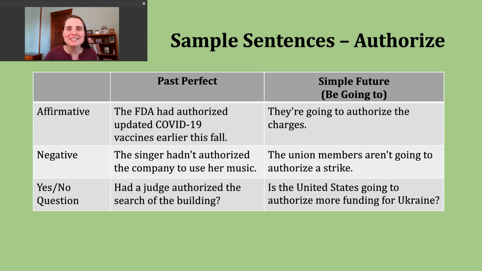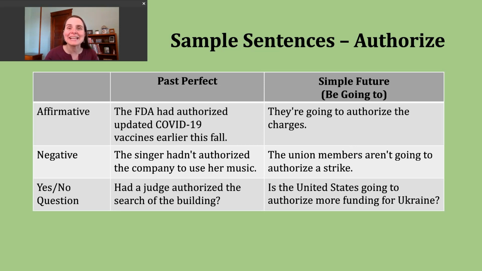So maybe you've noticed really popular songs used as part of an advertisement or in movies. Companies and other organizations just can't take that music and use it. They need permission. So that's why we see the verb there in this particular sentence.